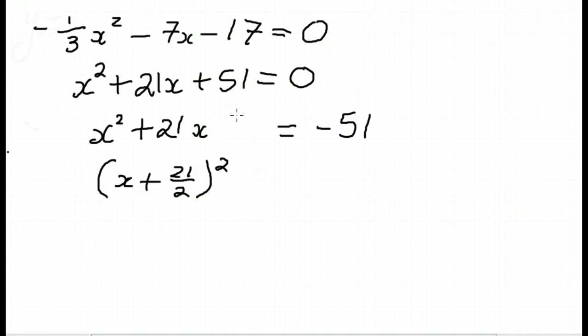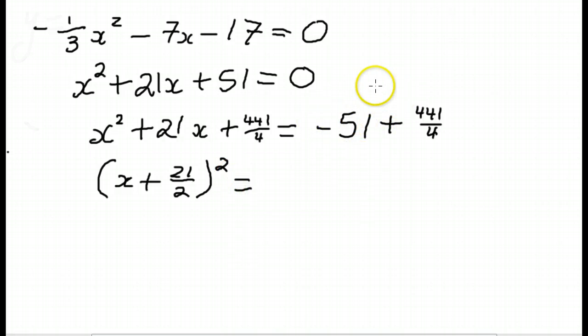So now I have to square 21. Okay, so 21 over 2 squared gives me plus 441 over 4. Since I've added that to the left side, I will do the same. I will just add 441 over 4 to the right-hand side as well.